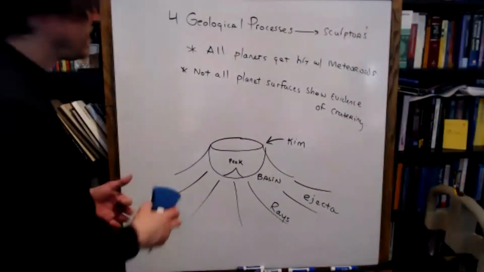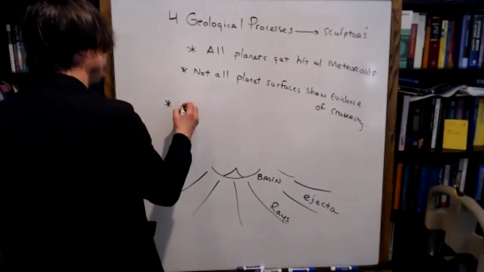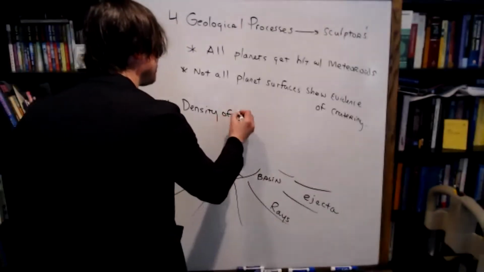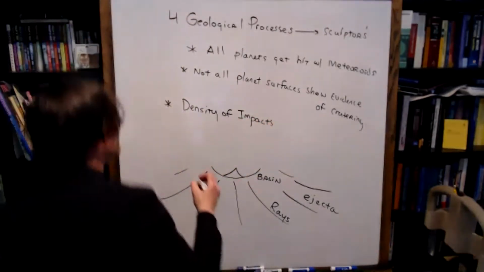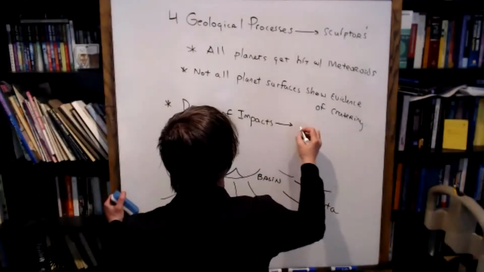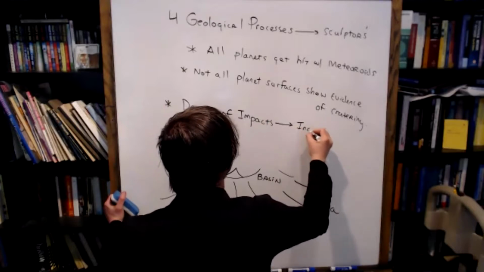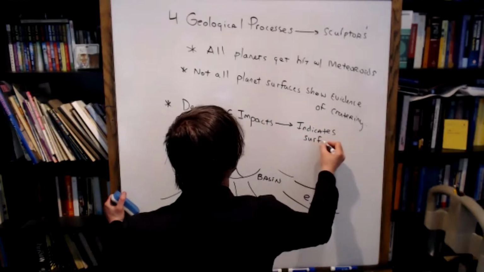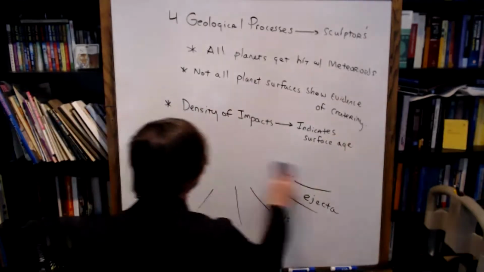Therefore, if you follow this to its logical conclusion, as a planetary scientist you can use the density of impact craters as an indicator of the surface age of a planet. The density of impacts indicates the surface age of your planet, and we'll be making use of this next week.